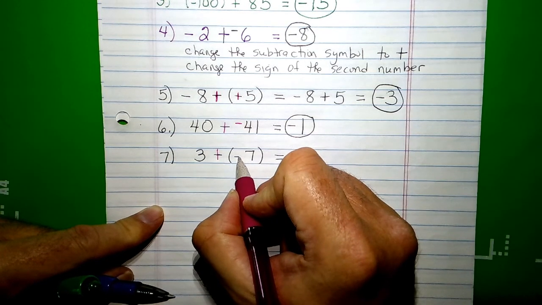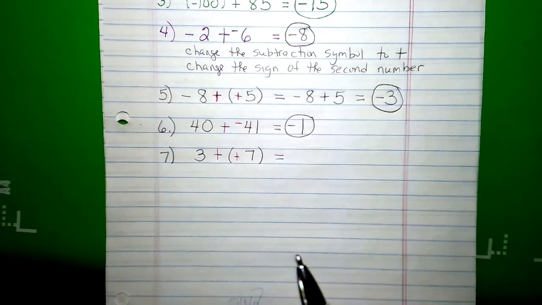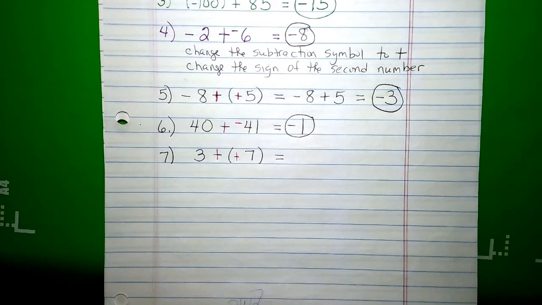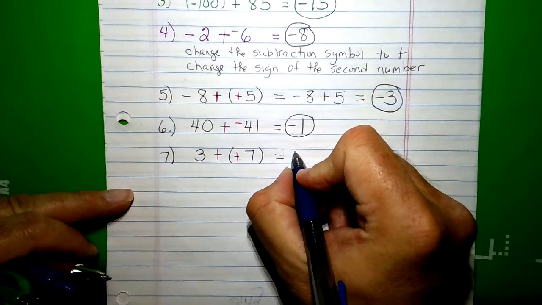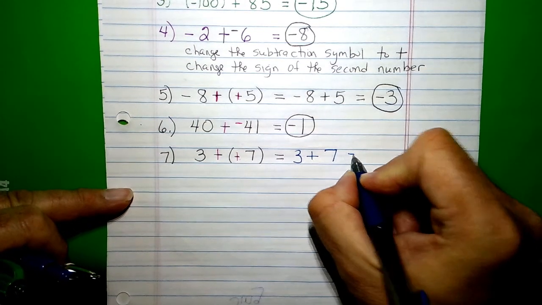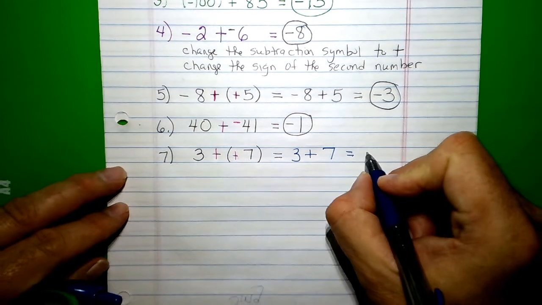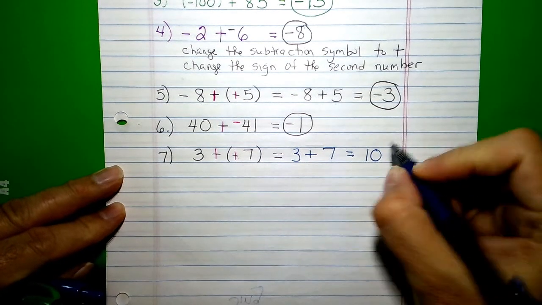Then change the sign on this next number. So notice it's 3 plus 7. So 3 minus a negative 7 is 3 plus 7. And everyone knows that is 10.